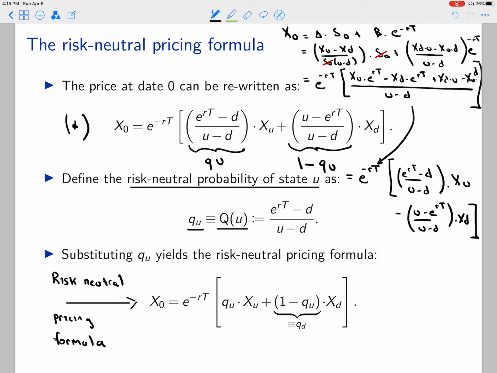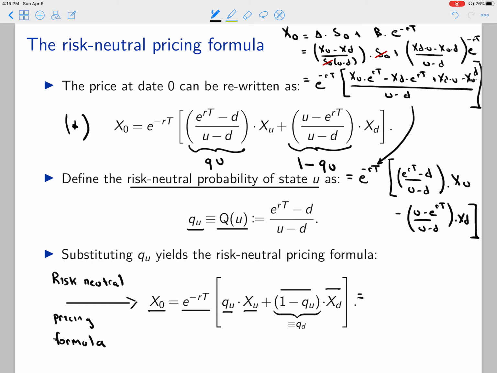The risk-neutral pricing formula says that the price of the derivative X in this one period binomial model is equal to the discount factor e to the negative rt times Q sub U dot XU plus 1 minus Q sub U times XD.